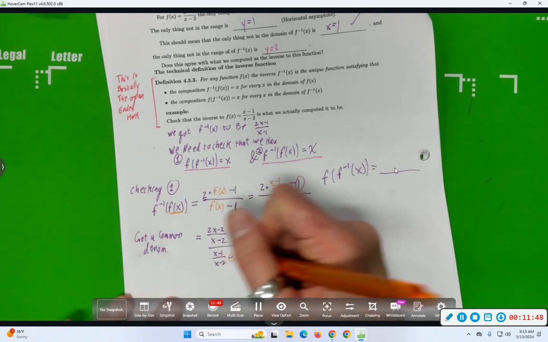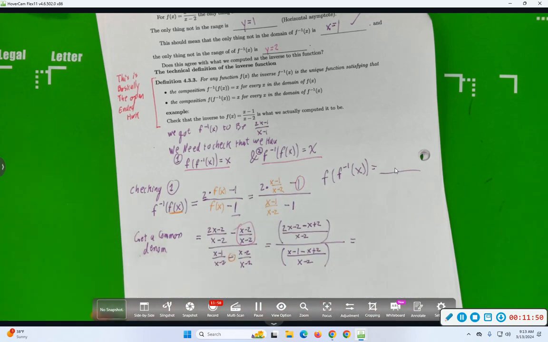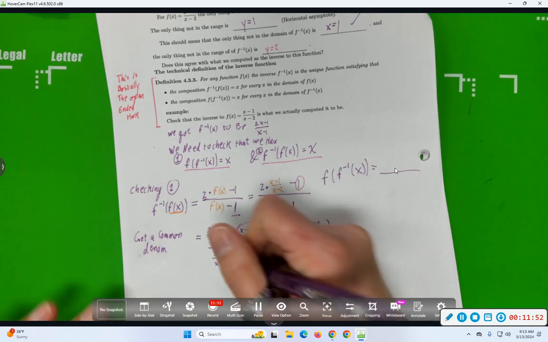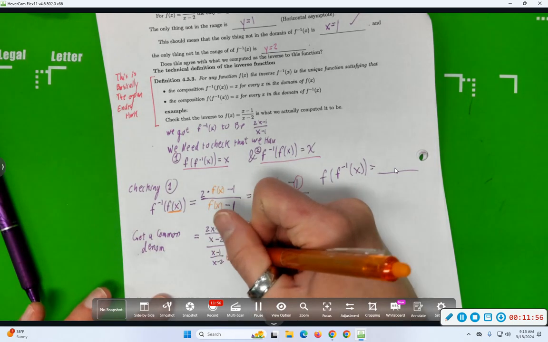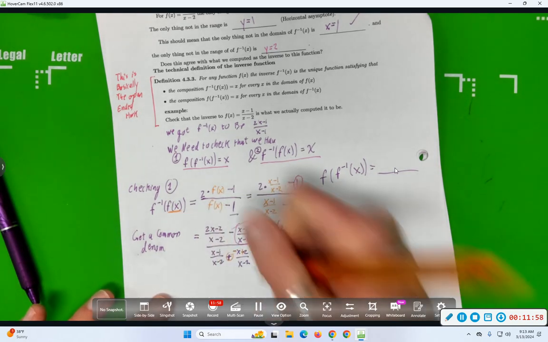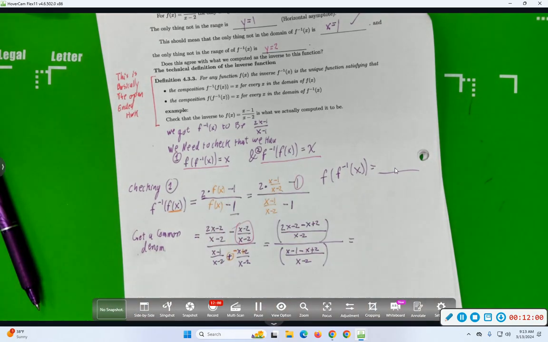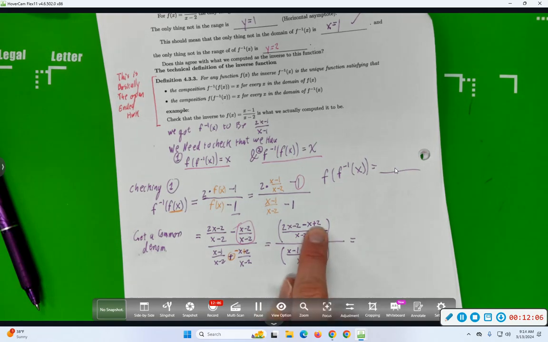When you distribute this minus sign, you'll turn that into a plus. Now that will be minus x. Distribute the negative sign, double negative becomes a positive. Is that the plus 2 you are asking about? Yeah. Cool. And the same thing in the top, that's where that plus 2 came from. Feel okay so far? All right.